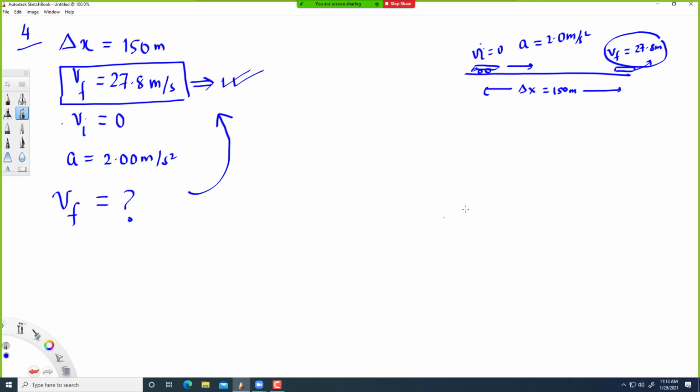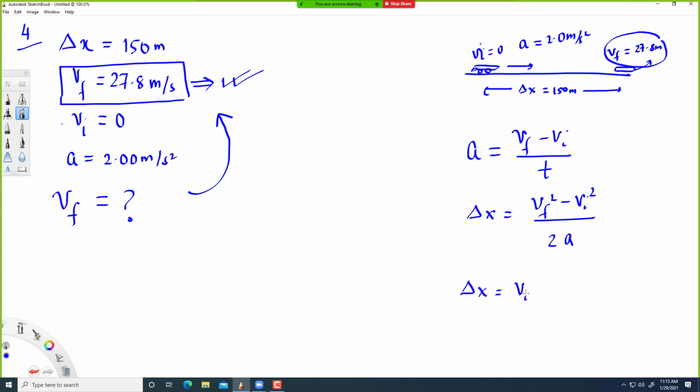For problems with acceleration, we can use three formulas. We need to figure out which formula would be relevant here. VF minus VI over T is A. Delta X is equal to V final squared minus V initial squared over 2A. And delta X is equal to V initial times T plus 1/2 AT squared.